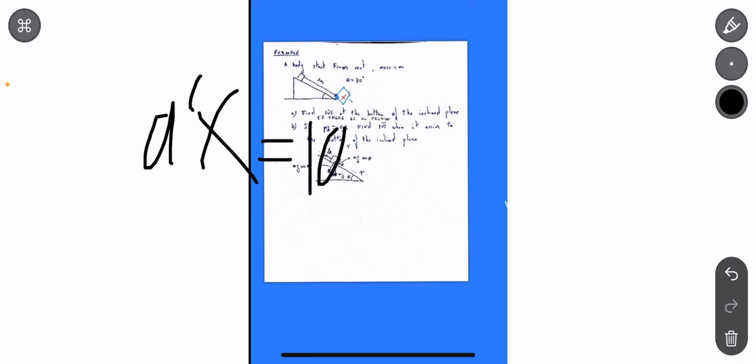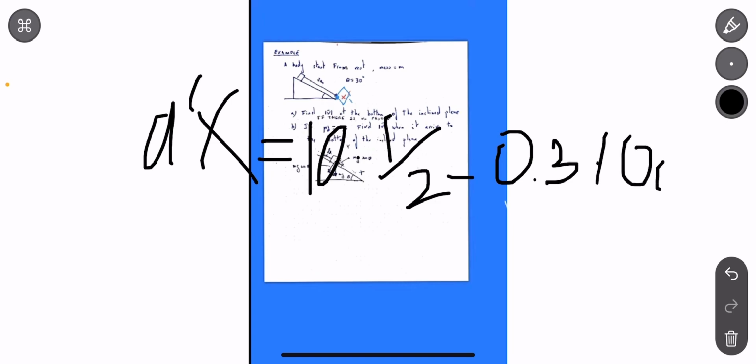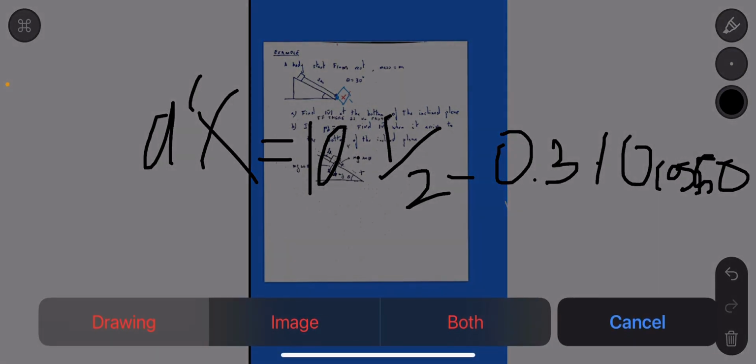a1x equals 10 times 1/2 minus 0.3 times 10 times cosine 30. That's the 30 here. And then we'll be left with that equation.